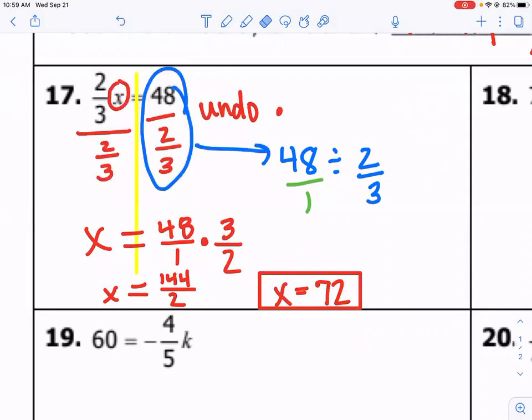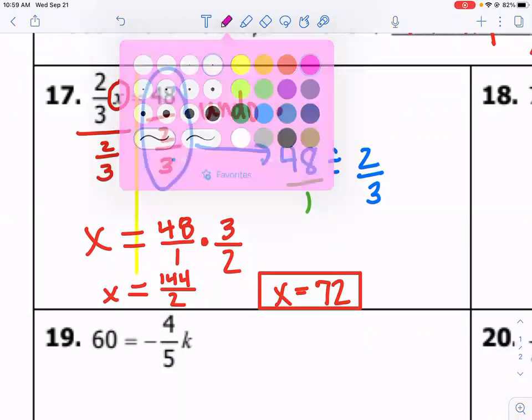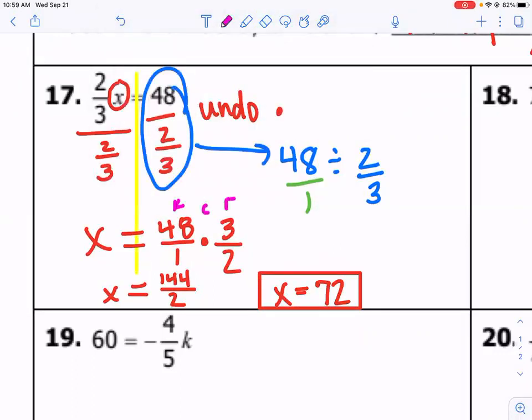Well, when we're dividing by a fraction, we can do our keep, change, flip. We kept 48 over 1. We changed division to multiplication. We flipped our fraction. Then we multiplied our fractions and then simplified.